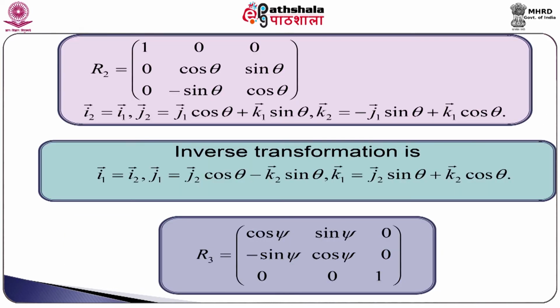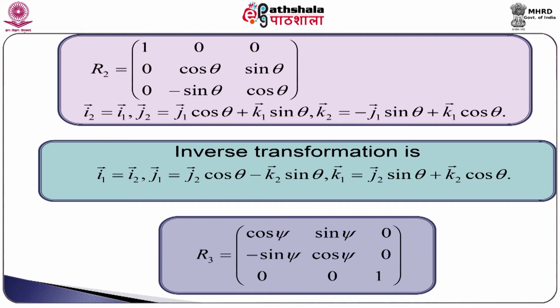From this we can write this relation, that is I1 vector equal to I0 vector cos phi plus J0 sin phi, J1 vector equal to minus I0 sin phi plus J0 cos phi, K1 vector equal to K0 vector. The inverse transformation gives I0 in terms of I1, J1, J0 in terms of I1, J1, K0 in terms of K1.